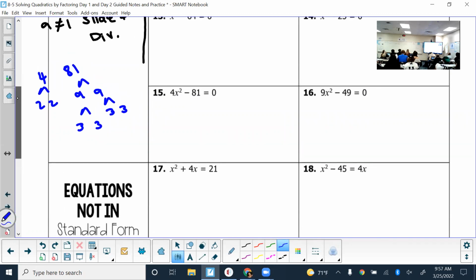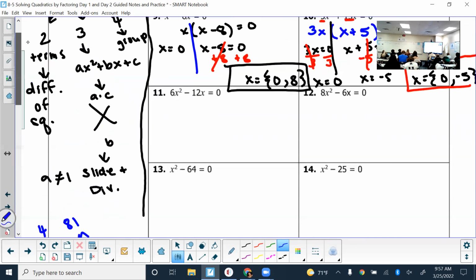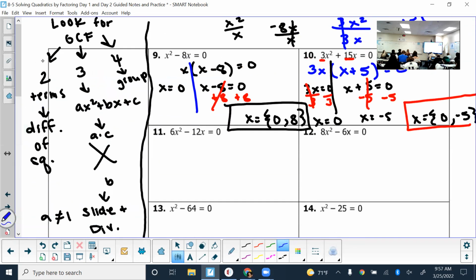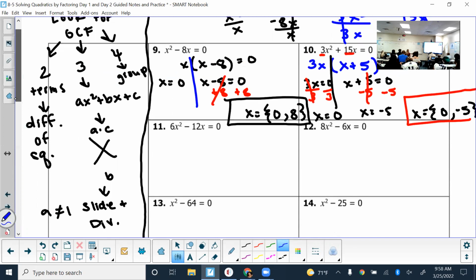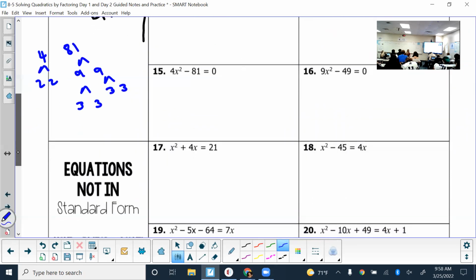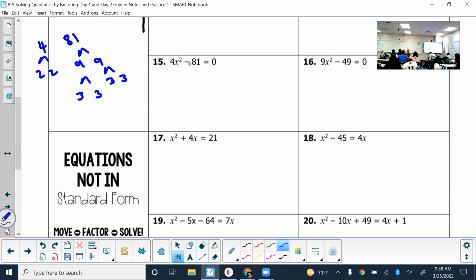Well then, let me look back to my flow chart from last unit. How many terms were there in number 15? 2 terms. Well, if it's a difference of squares, then I can factor it. So let's see. Is there a minus sign in between them? Yes.